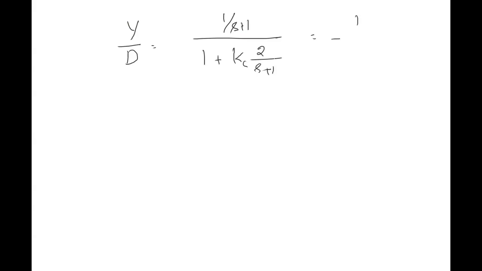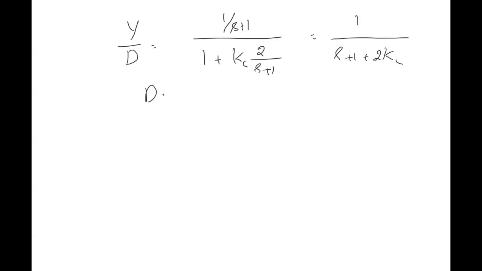let's solve this one. After substituting 1 by s plus 1, what is Y by D you get is 1 by s plus 1 divided by 1 plus Kc into 2 by s plus 1. So 1 by s plus 1 plus 2 Kc.